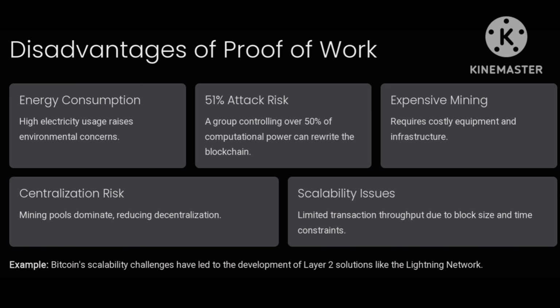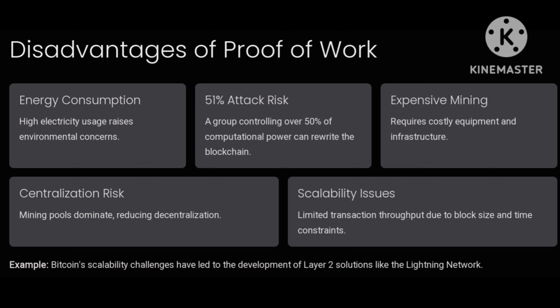Slide 8. Disadvantages of proof of work. 1. Energy consumption. Mining uses immense amounts of electricity, impacting the environment. 2. 51% attack risk. A majority of the network's computational power can manipulate the blockchain. 3. Expensive mining.